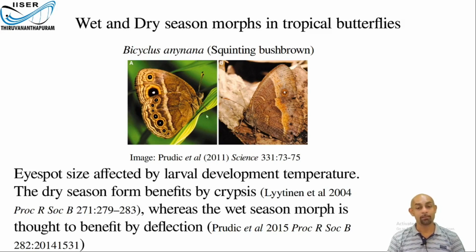On the other hand, in the wet season, the background is predominantly green. I must mention that these butterflies are predominantly found close to the ground. So during the wet season, this butterfly is likely to be found close to green vegetation, grasses and so on, and therefore it's likely to be viewed against a green background.